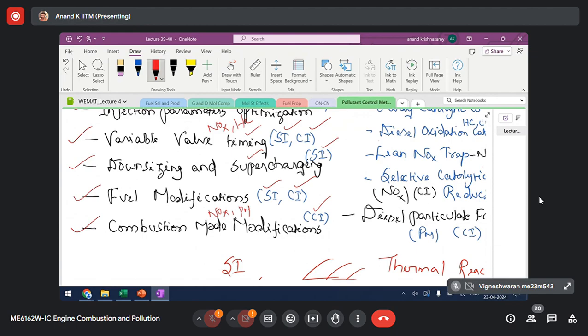So this is also an effective in-cylinder control method. My current research interest is in this alternative combustion mode. I'll give some details about this method to reduce pollutants, especially NOx and PM. We get almost zero level of NOx and particulate by running CI engine in this alternative combustion mode.